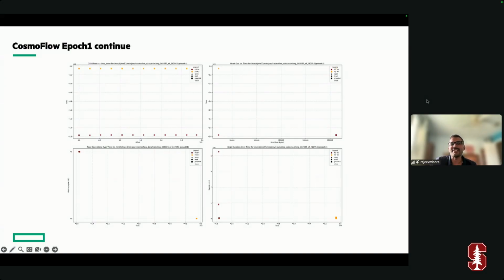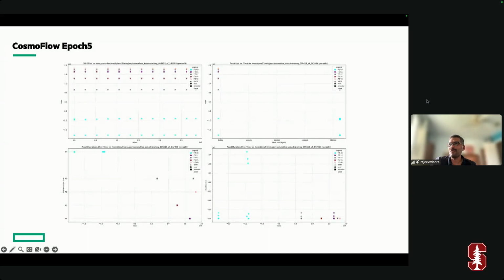ResNet has 137 MB file size. When we do epoch 5, we can see that the number of file descriptors has increased, and the reading is mostly in 256K, and there is another range which was lesser. And the time duration is less.